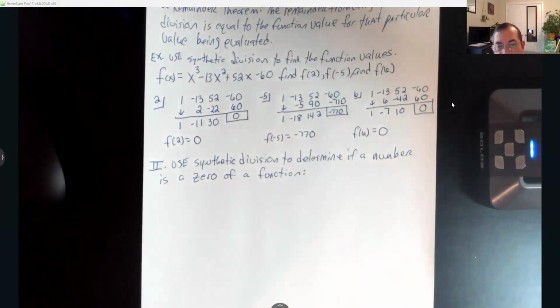So I can use synthetic division to determine if a number is a zero of a function.